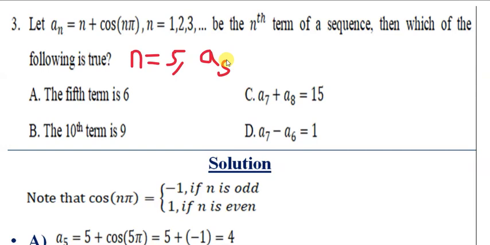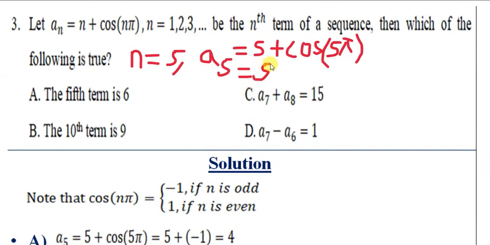Just replace n by 5. a5 is equal to 5 plus cosine of 5 pi. 5 is odd, and therefore cosine of an odd number times pi is always equal to minus 1, so we have 5 plus, in brackets, minus 1, and 5 plus minus 1 gives us 4.